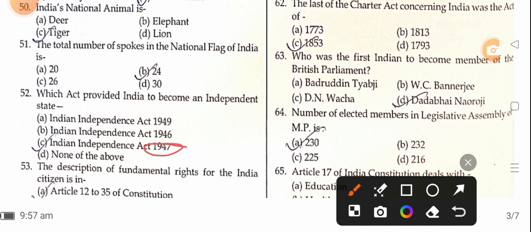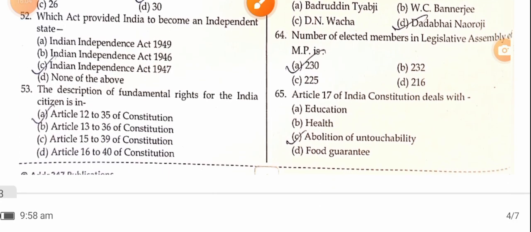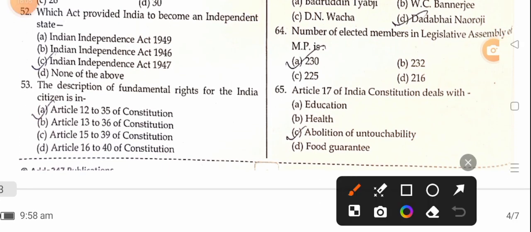Number of elected members in the Legislative Assembly: 230 in Madhya Pradesh. There are 230 elected members in the Legislative Assembly of Madhya Pradesh. Article 17 of the Indian Constitution deals with abolition of untouchability.